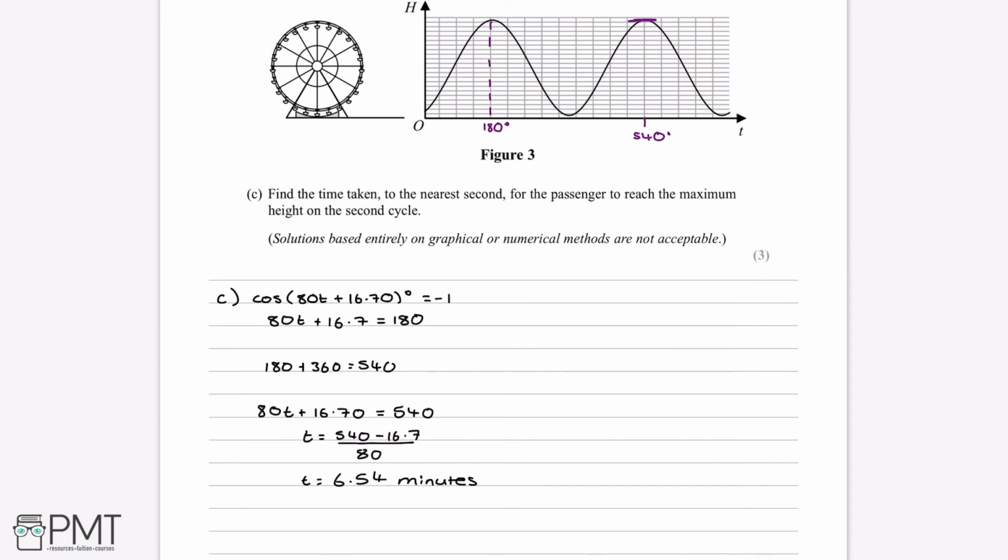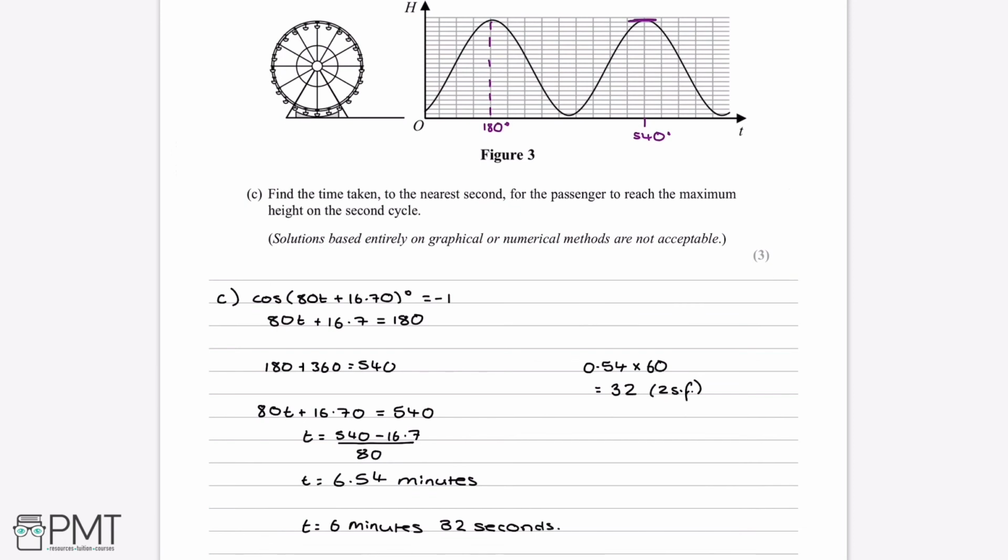If we just did this to the side, 0.54 of a minute, where a minute is 60 seconds, we know that this is equal to 32 to two significant figures, because seconds can only go to two significant figures. So this means that 0.54 of a minute is 32 seconds. So we can say that the time is 6 minutes and 32 seconds.